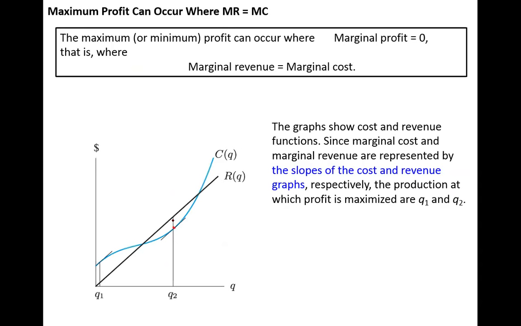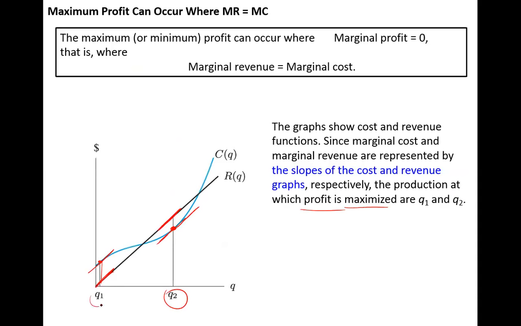The slope of this line is constant, but if I draw the tangent line at the points Q sub 2 and Q sub 1, I have the same slopes of the functions C and R. If you can find the slope, meaning the derivative at this point, the slope of the tangent to the curve, and it is the same, this means that we're maximizing profit.